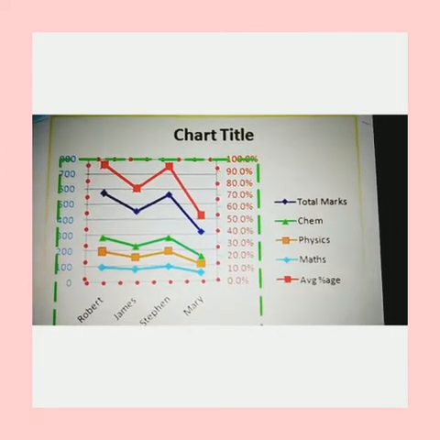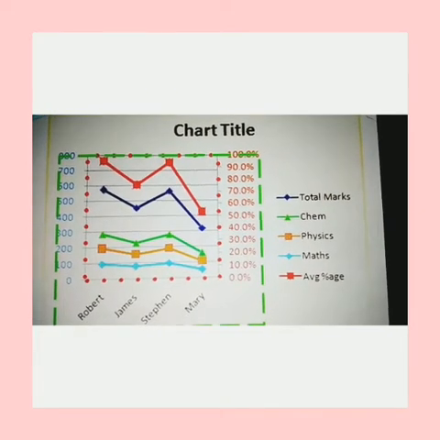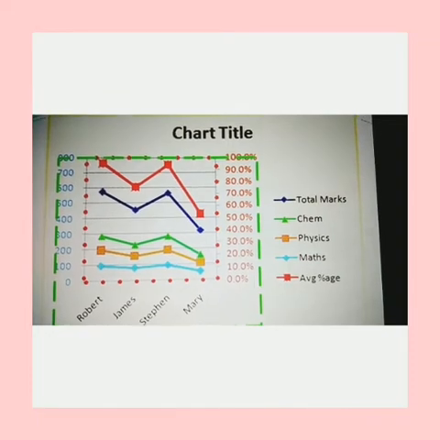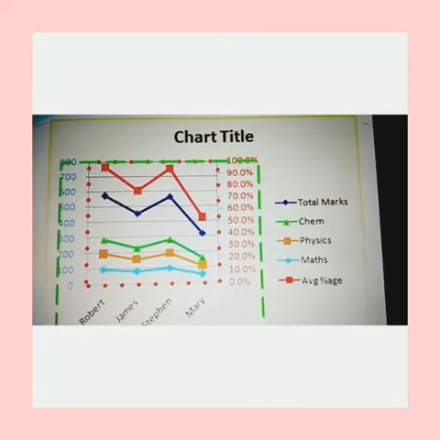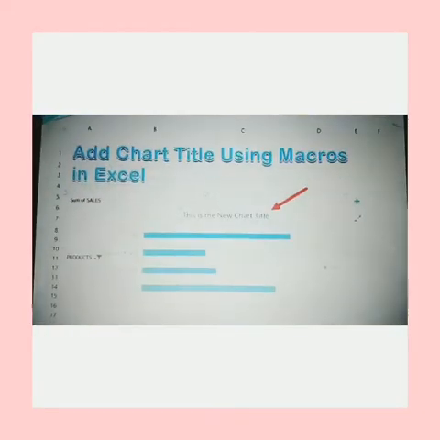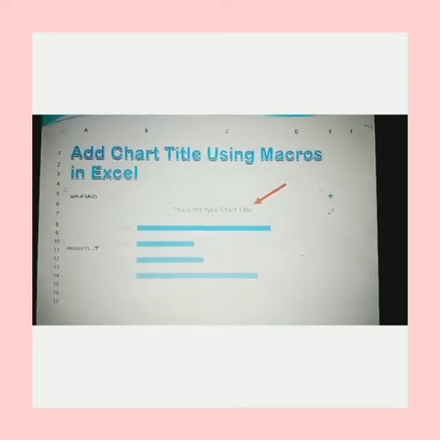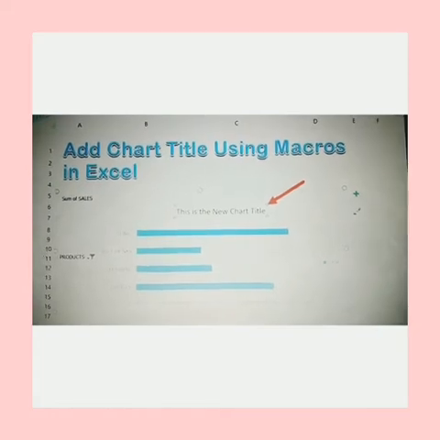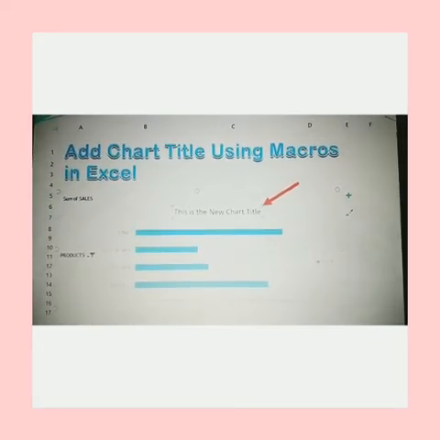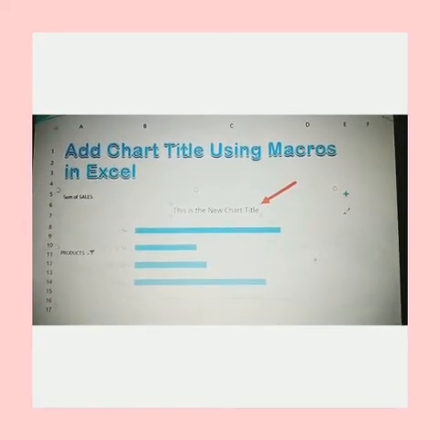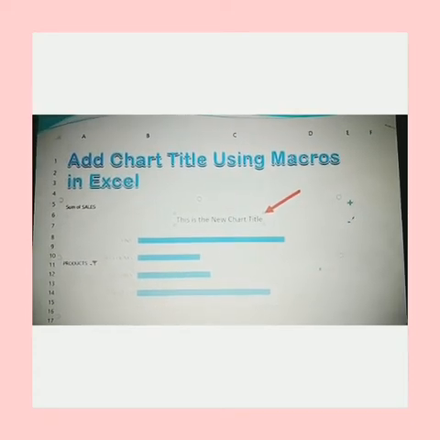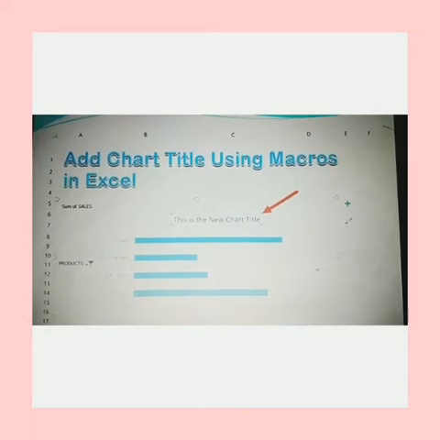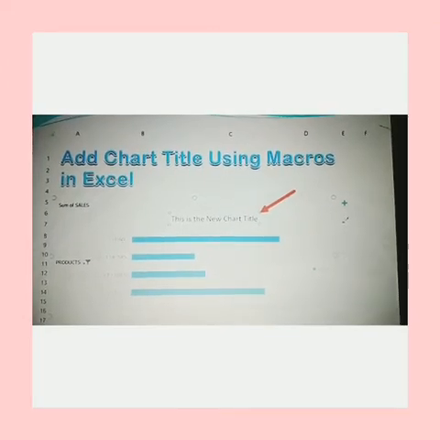It shows graphically the average percentage of the related subject marks. Then add a chart title using macros in Excel. See how to add a chart title and give the specified name. We will give the name to any specified chart created in the sheet.